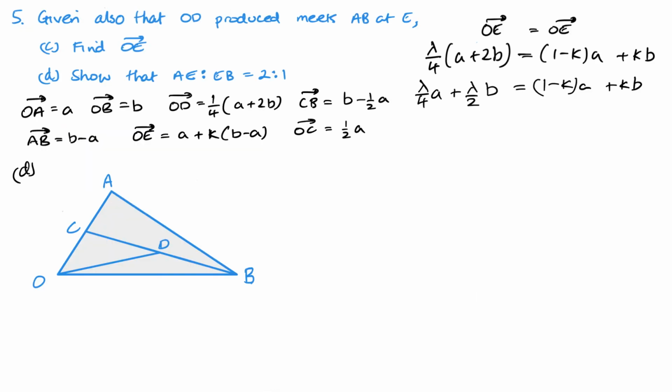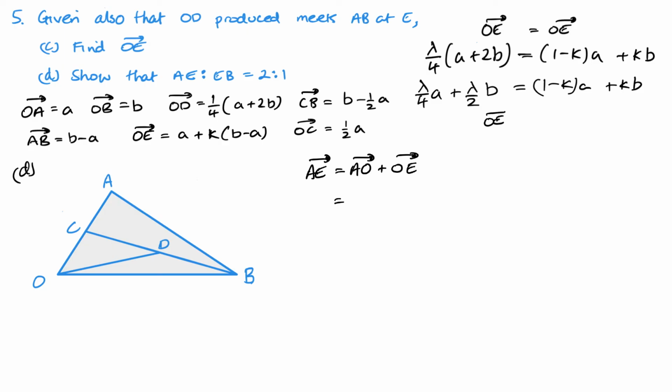Now for the final part, part D, we need to show the ratio of AE to EB. So I could think of AE as being that vector A to O plus O to E. As we've already worked that out, haven't we?